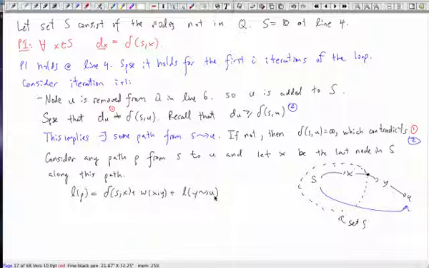And now I'm going to claim that this length right here is going to be greater than or equal to dy, because in particular, this right here is by the triangle inequality.